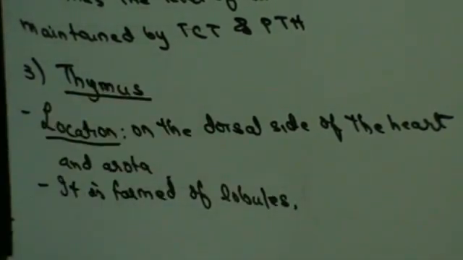That is what it is made up of. Now, why do I need the thymus gland? The thymus gland plays an important role in the development of the immune system.